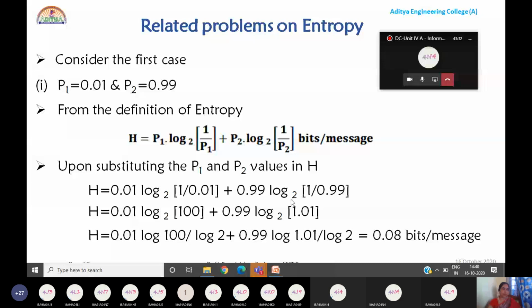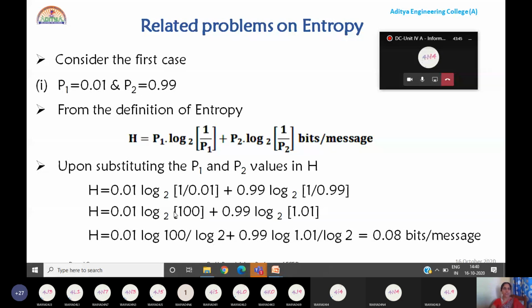So this is 0.01 log 1 by 0.01, which is nothing but 100. So 0.01 log 100 base 2 plus 0.99 log 1 by 0.99, that is 1.